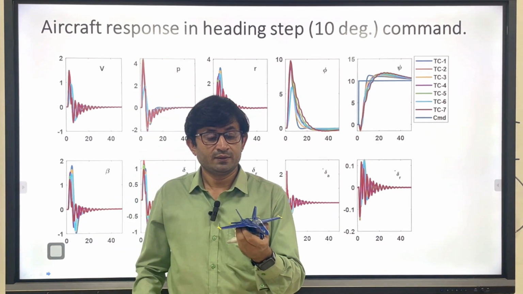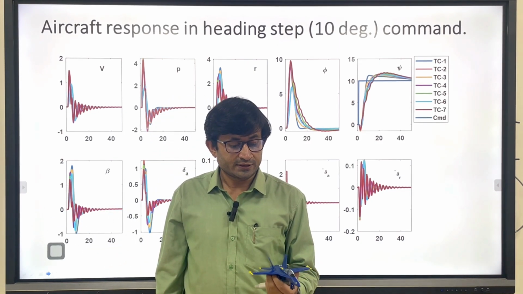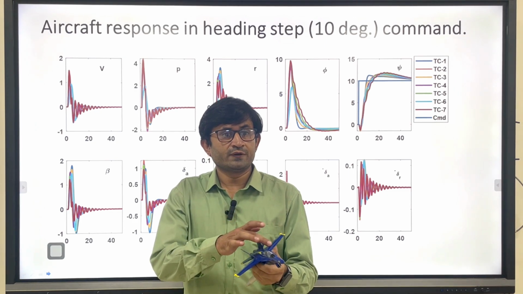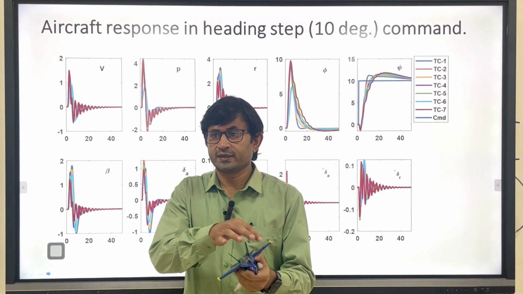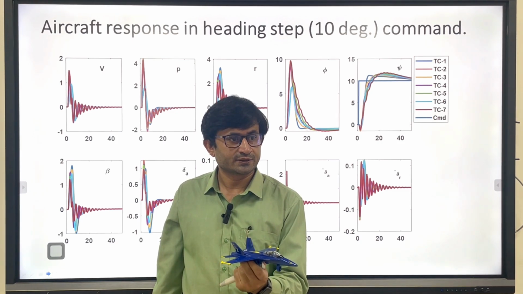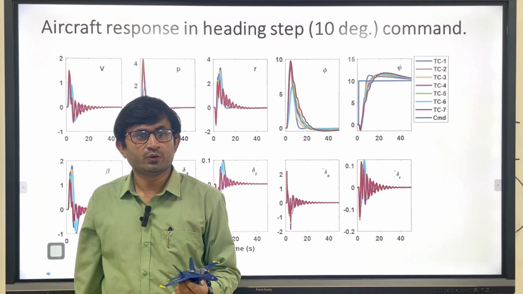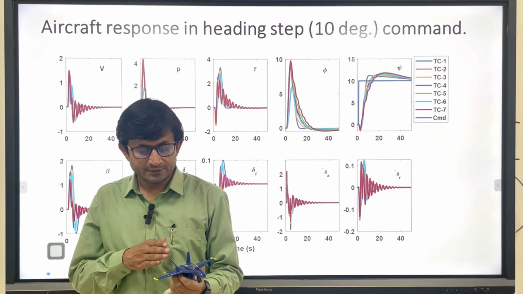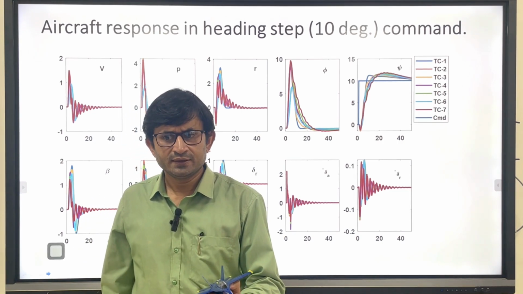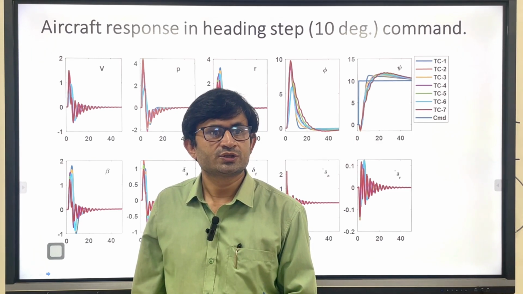Let's say you make a turn in order to achieve the desired heading angle. What happens? Let's say it is turning, there is more lift here, less lift here, so more drag here, less drag here, it will yaw in this direction. So you have to prevent this, right? You have to always take a turn in such a manner that your side slip angle should be 0.